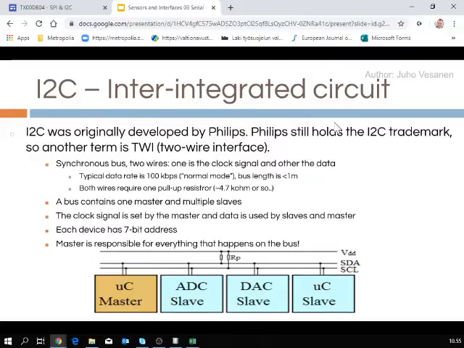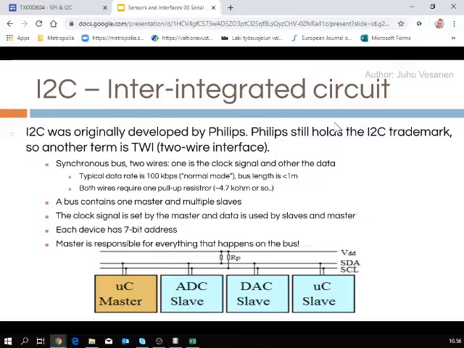Both lines have a pull-up resistor, which means that these lines are driven by open collector or open drain. When you want to set 0 into the line, you pull it down. But normally it's either idle or state 1. Okay.